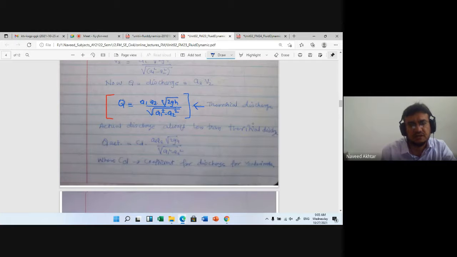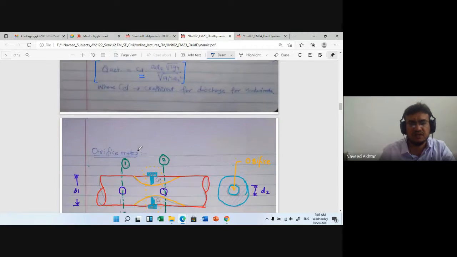When you find the actual discharge, we have to add Cd, the coefficient of discharge. And if you know the discharge, you can find the coefficient of discharge.